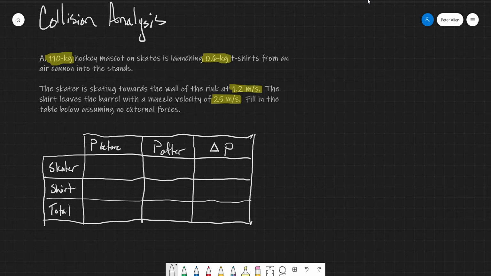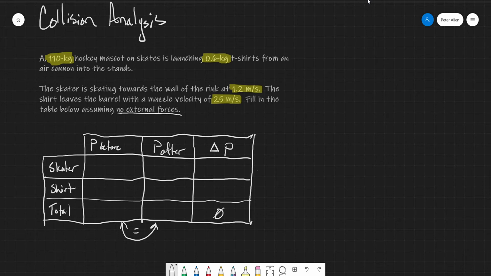But before we even go there, we should be able to figure some things out. If there are no external forces, then what should we have down here for our total change in momentum? No external forces means there should be zero change in momentum, right? Which means our total momentum before and after should be equal to each other.